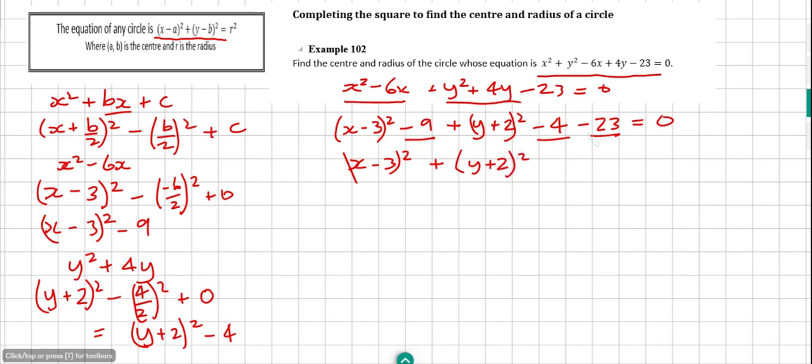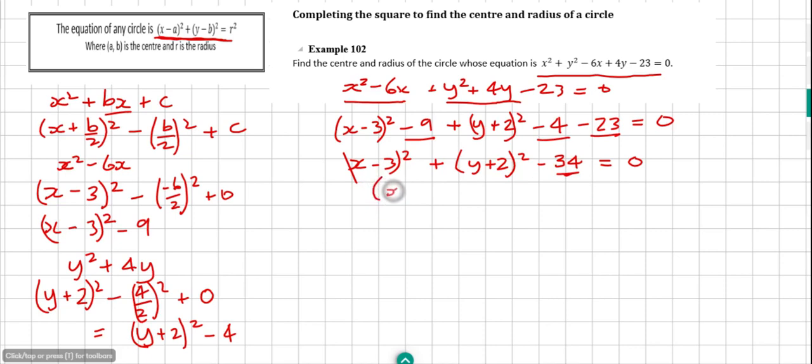And then if we add all these bits together, what we get is -34, and that equals 0. It's almost in the standard form of the equation of the circle. I'm just going to take the number part of -34 over the other side.